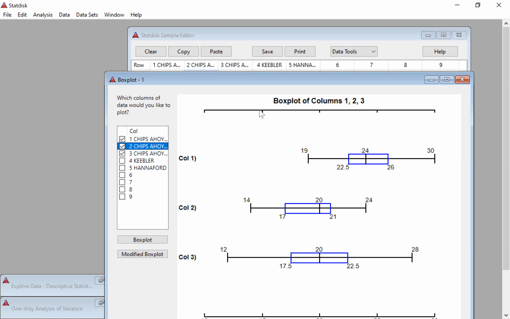And if we were to do the confidence intervals, we'd see that their two confidence intervals overlap quite a bit as well. The one that is different is the regular Chips Ahoy. And we do see that the third box tops out where the top box begins there. But keep in mind, this is the most informal method.